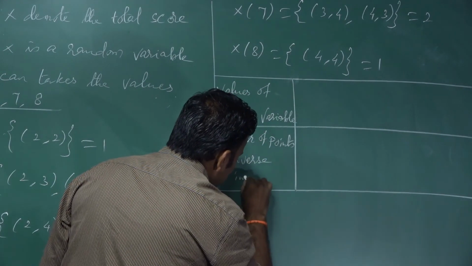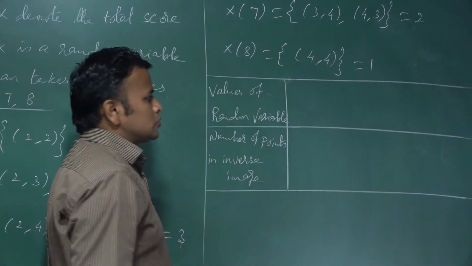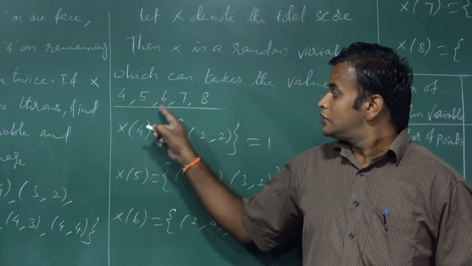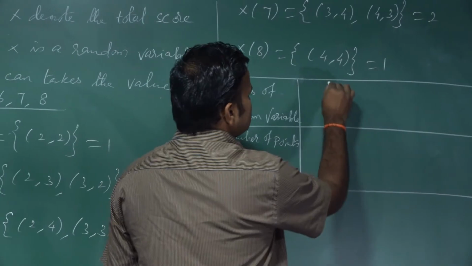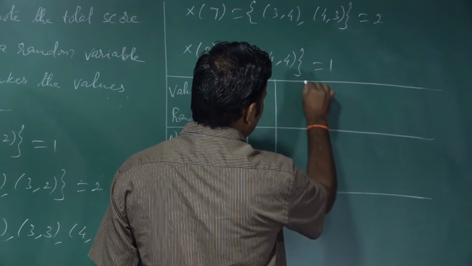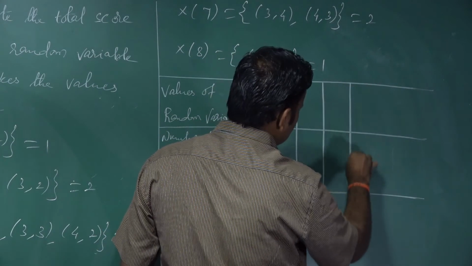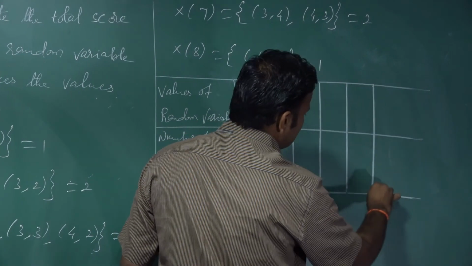The values of the random variable are 4, 5, 6, 7 and 8.